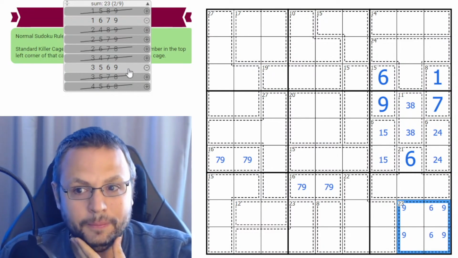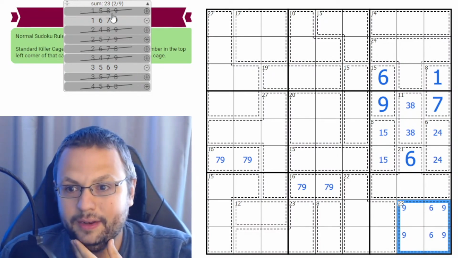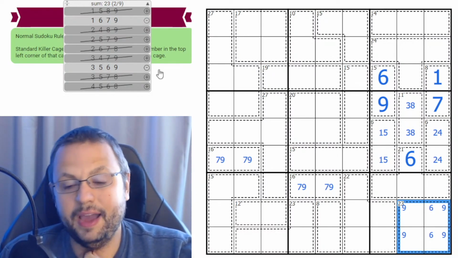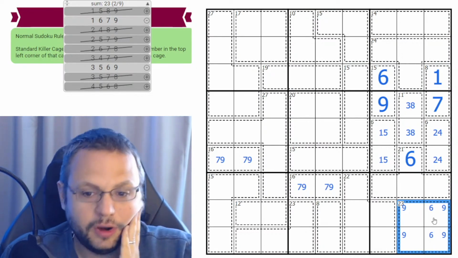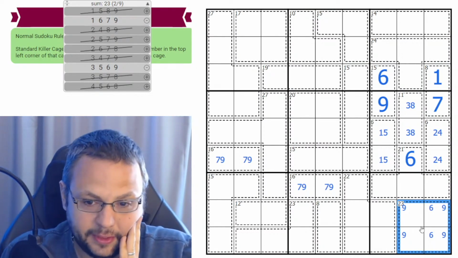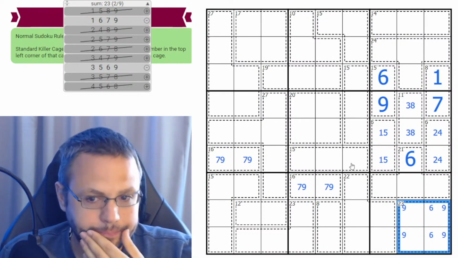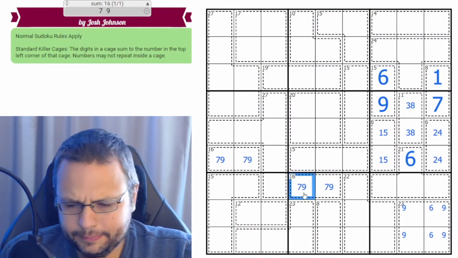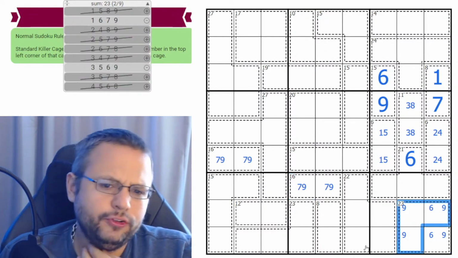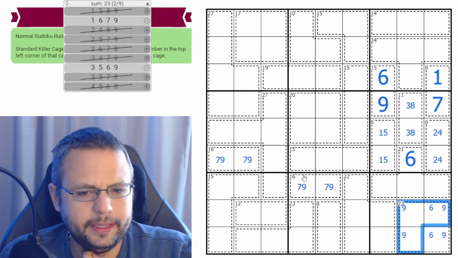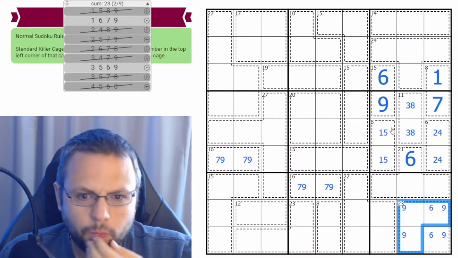It is either a 1-7 with a 6 and a 9, or a 3-5 with a 6 and a 9. You could have mathed that out without this killer calculator by figuring out that the other digits had to sum to 8. It's not as useful as I was hoping it would be, I'm going to be completely honest, but we'll do our best.